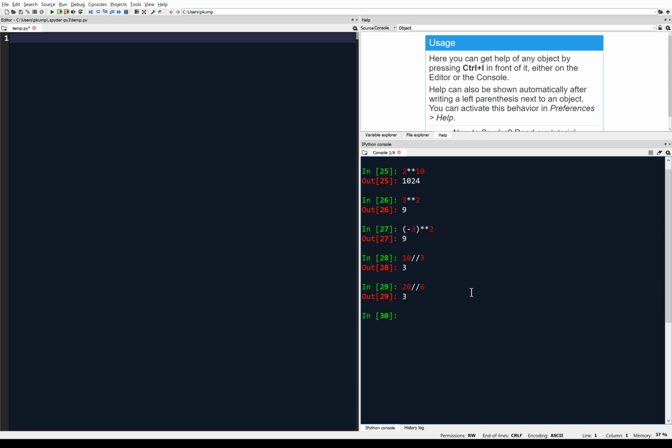And there is, and that's the modulus operator, or the percent sign. So for example, 10 percent sign 3 gives us 1, because 10 divided by 3 is 3 remainder 1, so that returns the remainder. And think about, what would 20 percent sign 6, or we would say 20 modulo 6, what would that return?